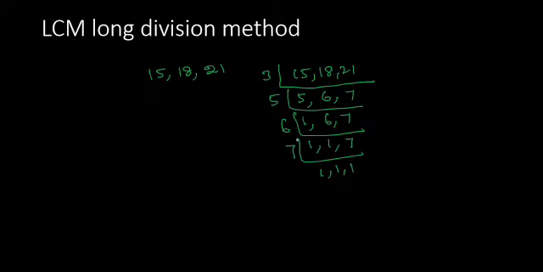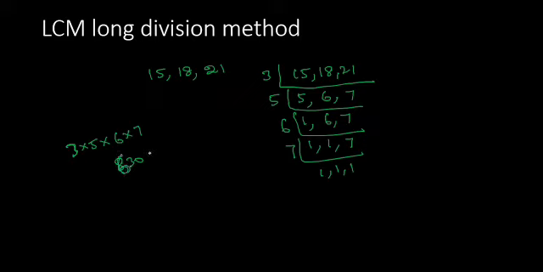So what we will do is we try to multiply everything. So 3 into 5 into 6 into 7. So 3 5s are 15. 15 into 6 is 90. 90 into 7 is, sorry, 90 into 7 is actually 630.